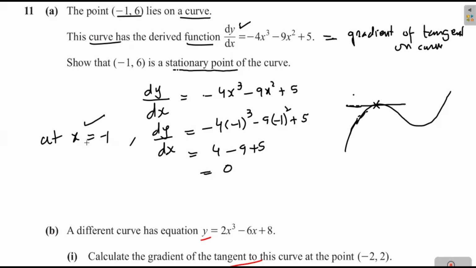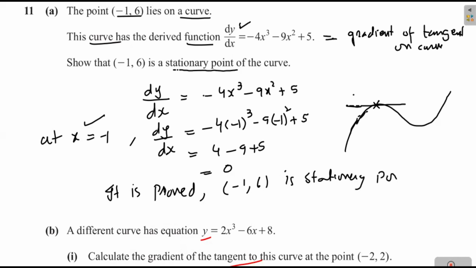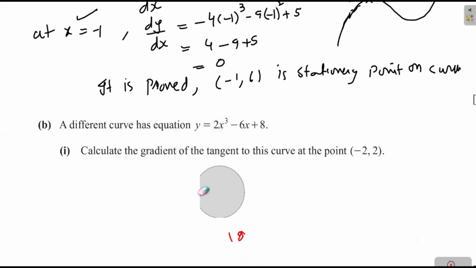Therefore, at x equal to -1, the gradient of the tangent will be 0, and this is the stationary point. Hence it is proved the point -1, 6 is a stationary point on the curve.